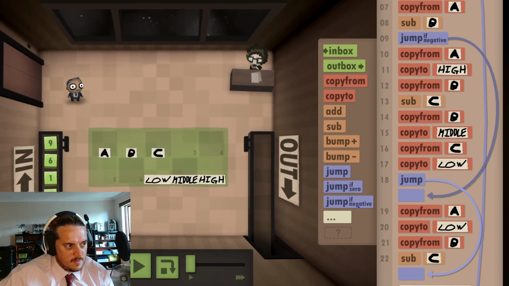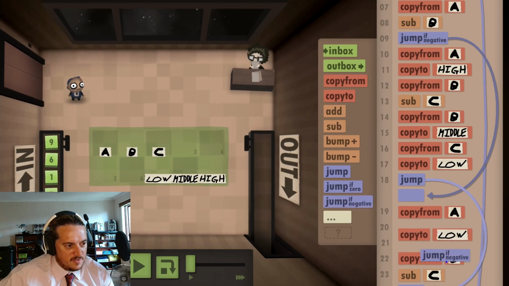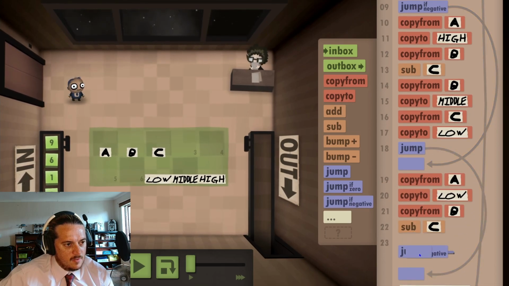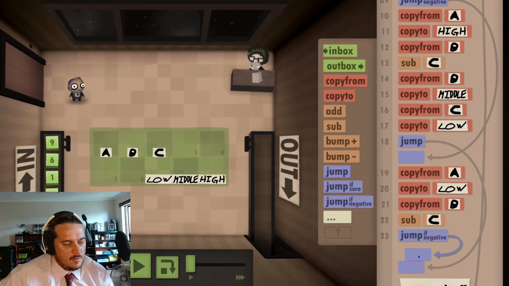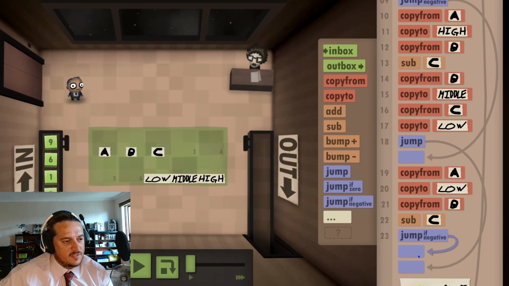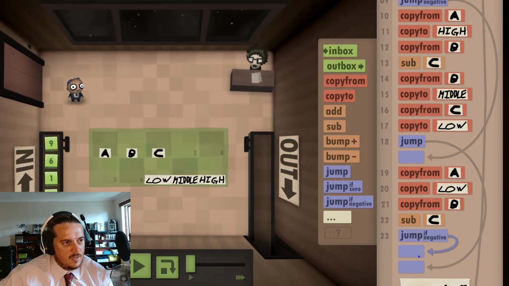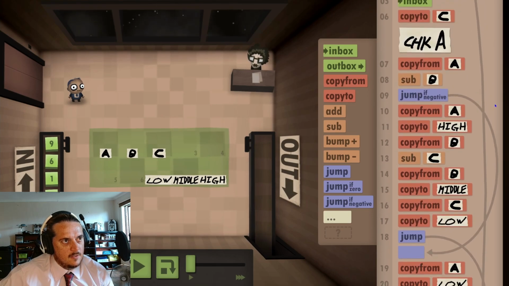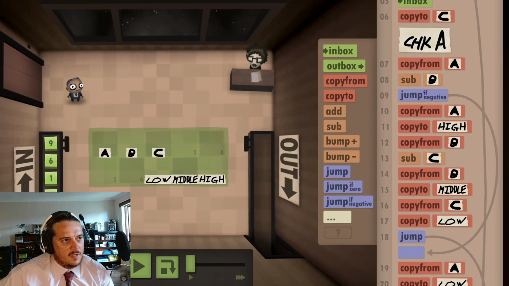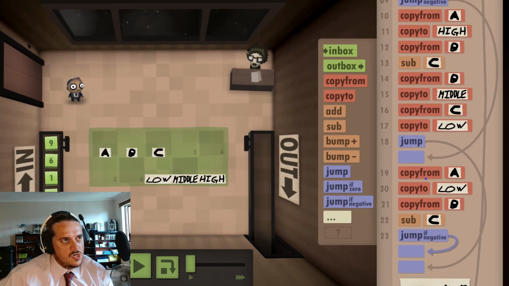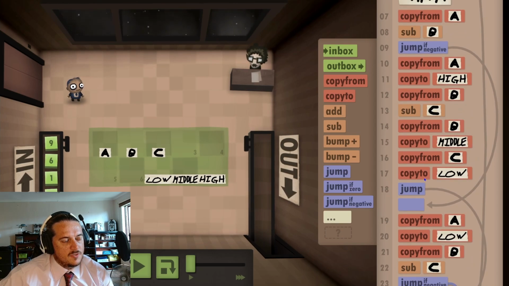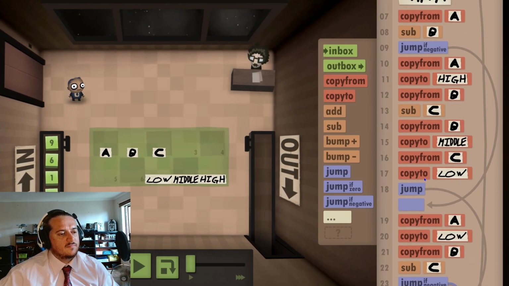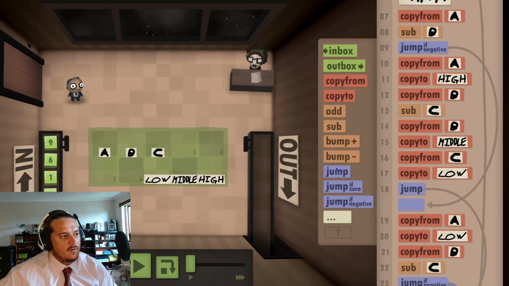negative. So then if that's negative, if B is higher than C, if A minus B is negative, yeah, then I must do copy A to that, right?